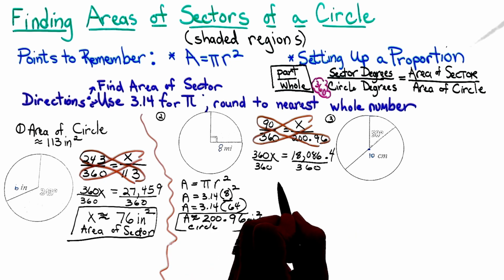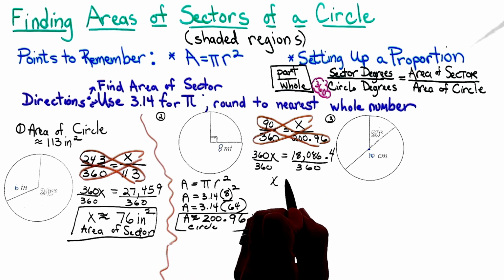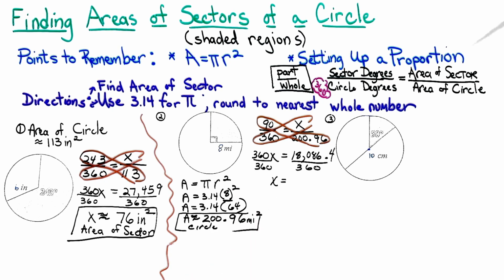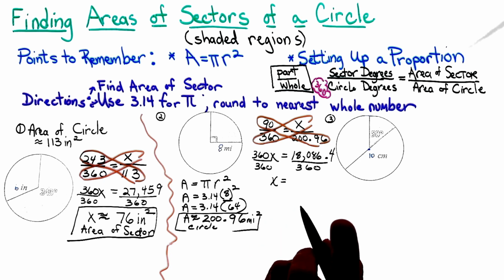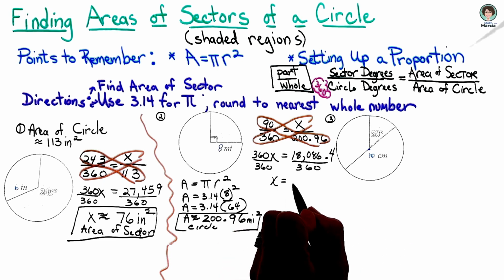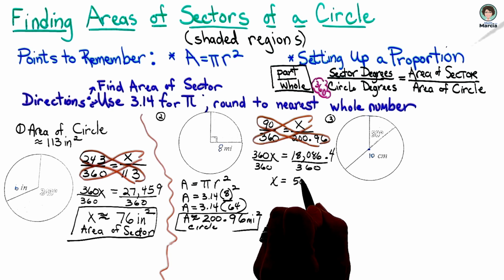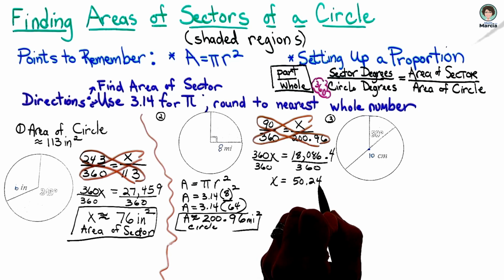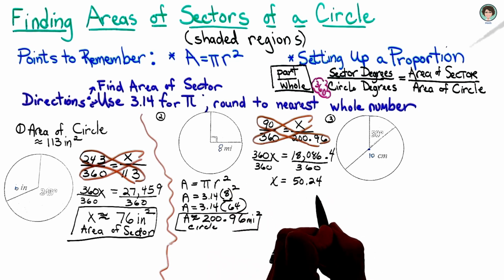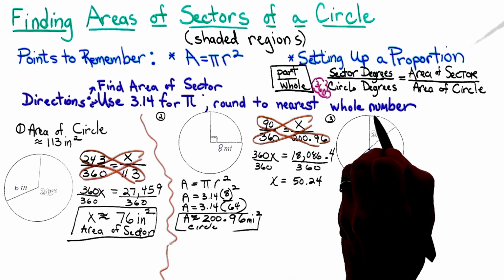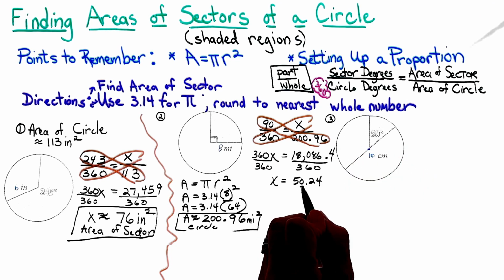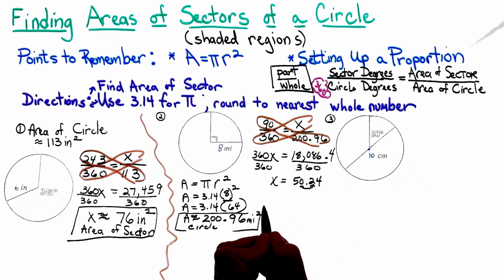360. And we get, for the area of our sector now, and I'm just going to give you to 2 decimal places, and we're going to round it to the nearest whole number. It is 50.24, and that's going to be miles squared. But remember, we wanted our answer to the nearest whole number, so we're looking at that too.